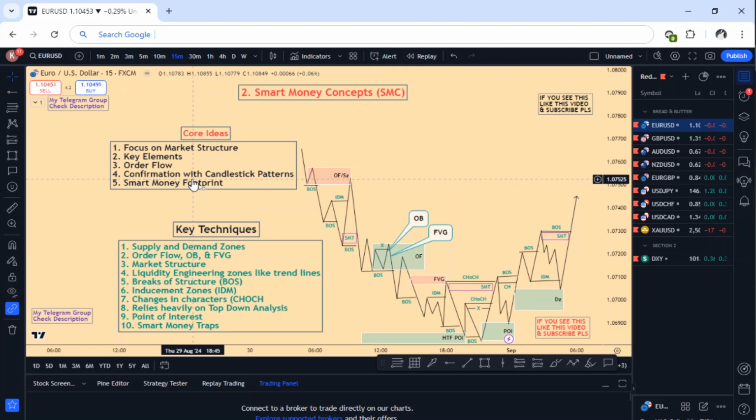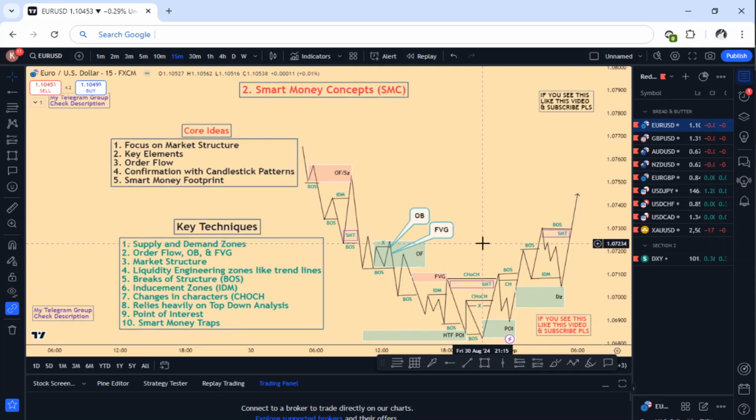However, some SMC traders enter after a lower time frame change of character and retest of the supply and demand zones when they want a clearer entry. Now these patterns provide insight into institutional price action behaviors at key levels of the market, as demonstrated in this particular rough sketch.